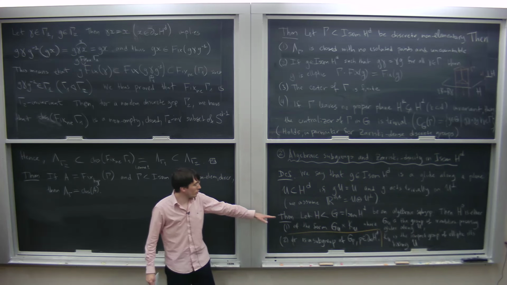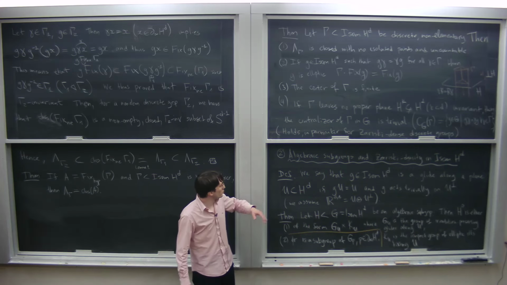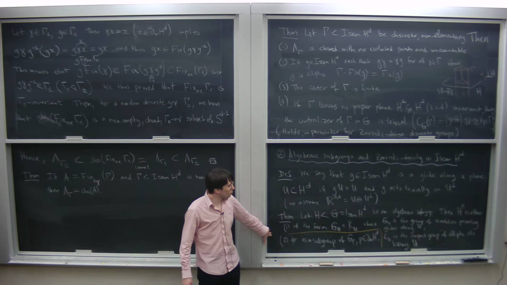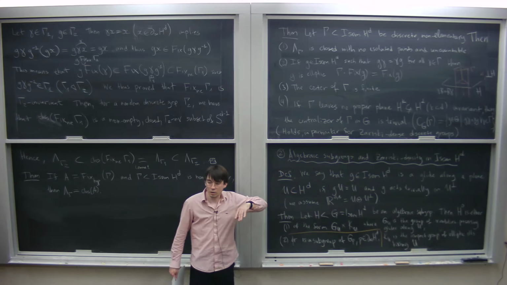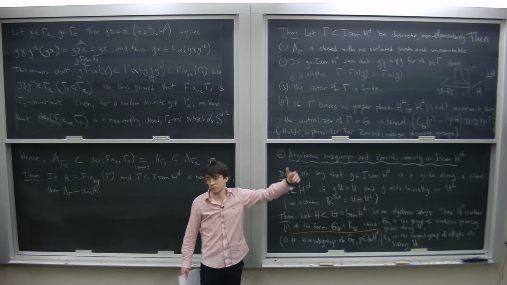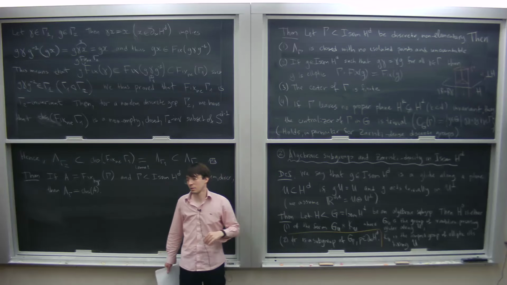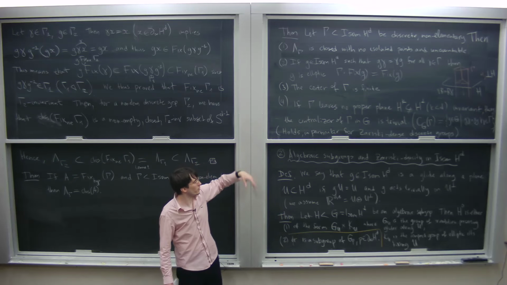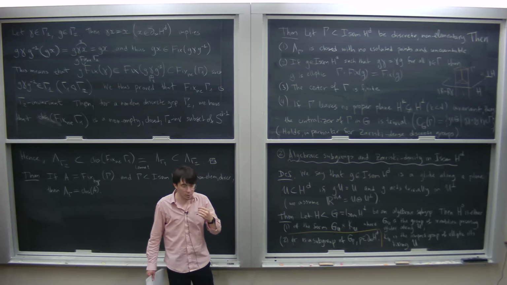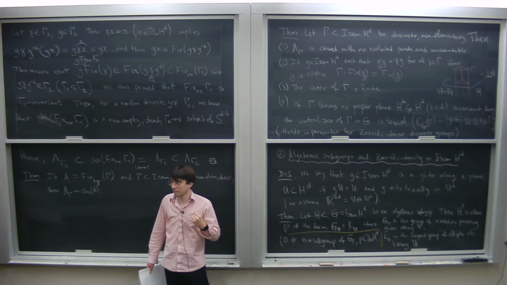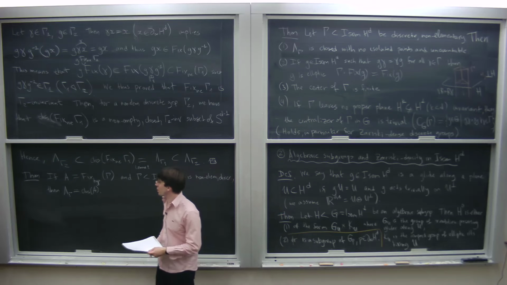And this is the correct statement. Then you can apply this theorem to show that if gamma is Zariski dense, in particular it leaves no proper plane invariant, then the limit set is not sitting in some hypersphere of the ideal boundary. So the conclusion was still correct.